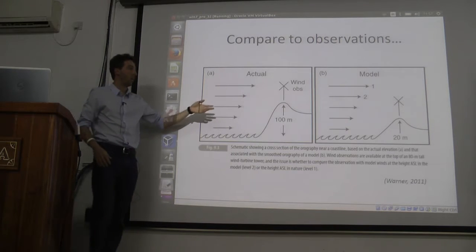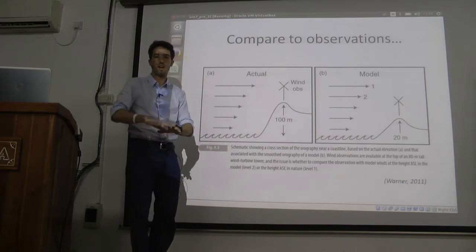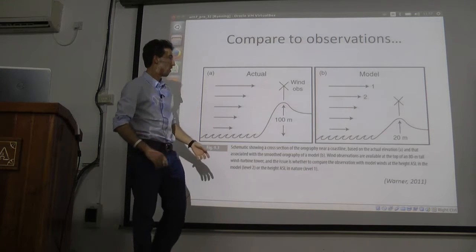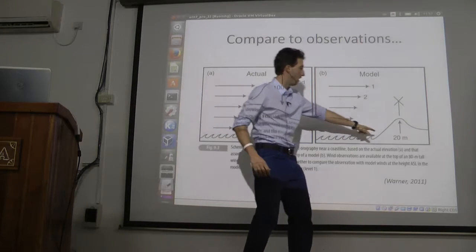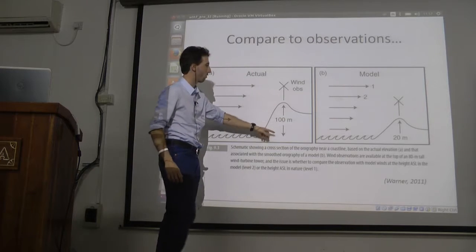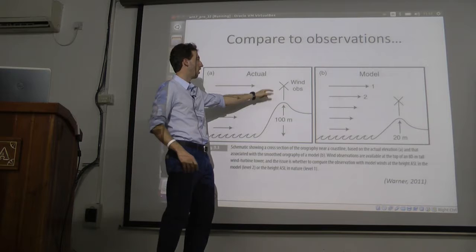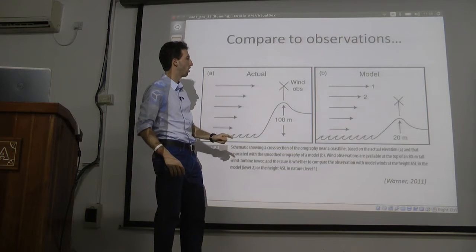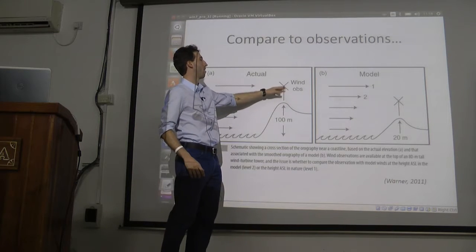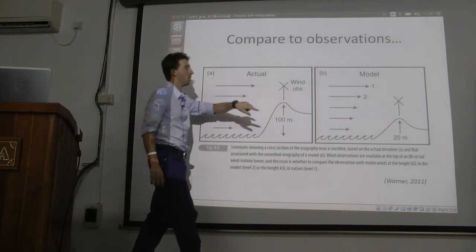For example, sometimes, because of the resolution, the model simulates a hill 20 meters high, and the real hill is 100 meters high, and then you have an observation here, at 10 meters, and it will measure a wind.